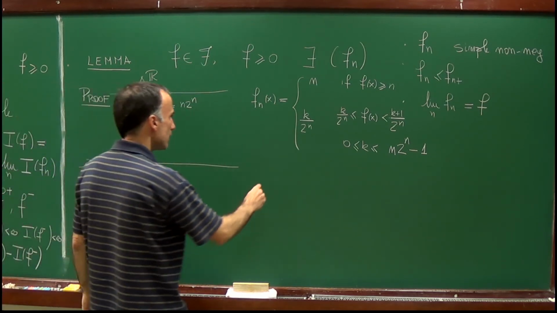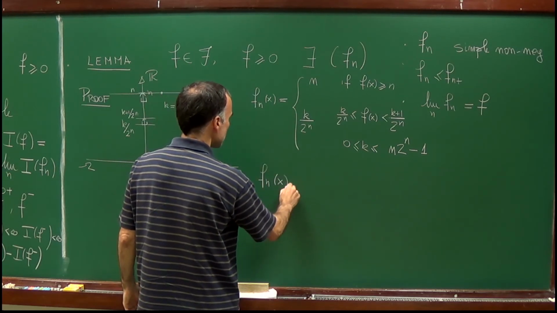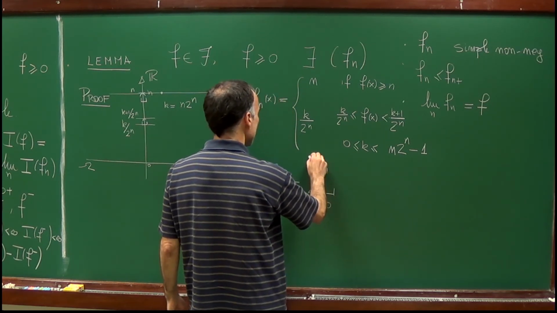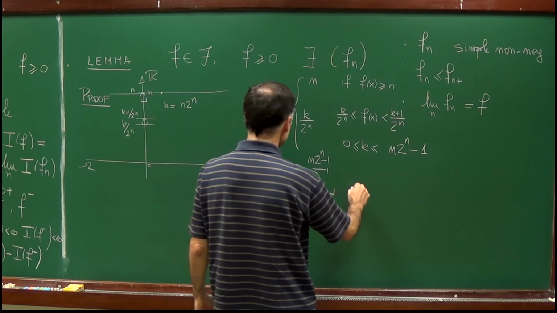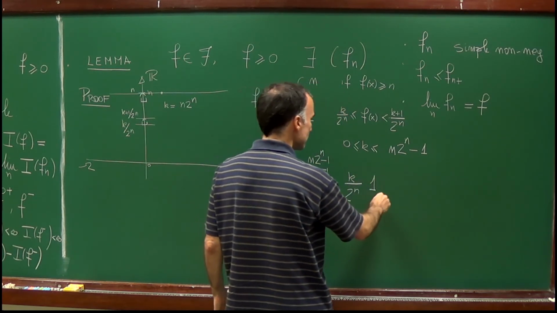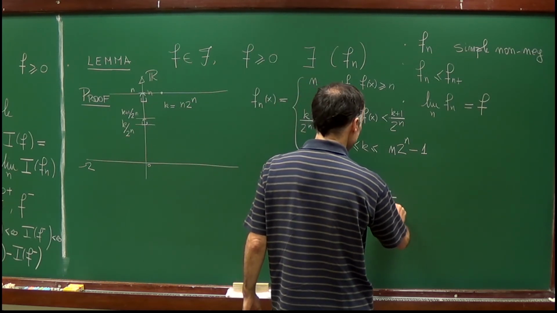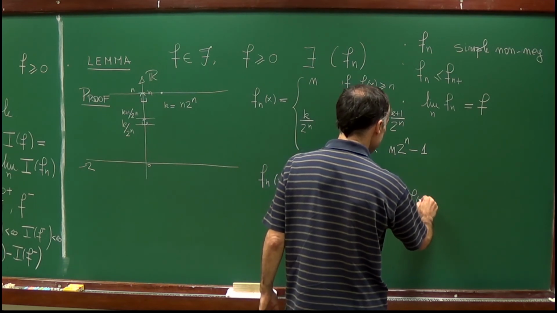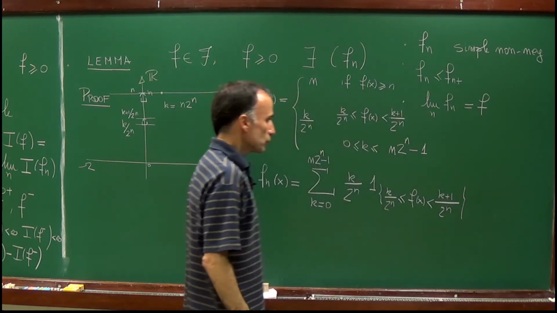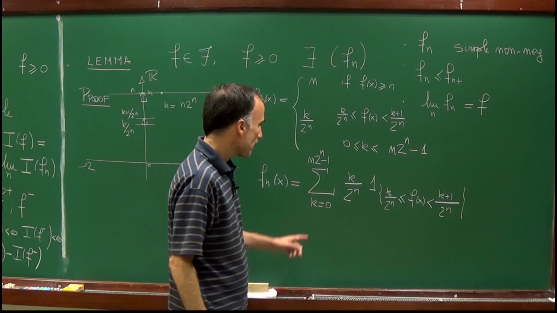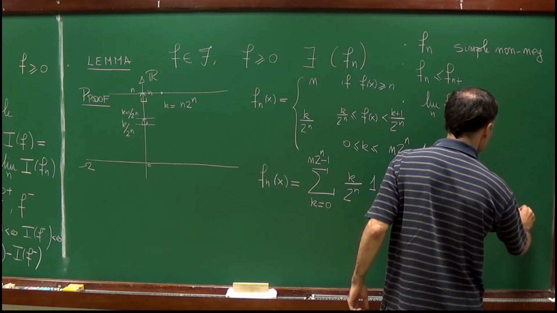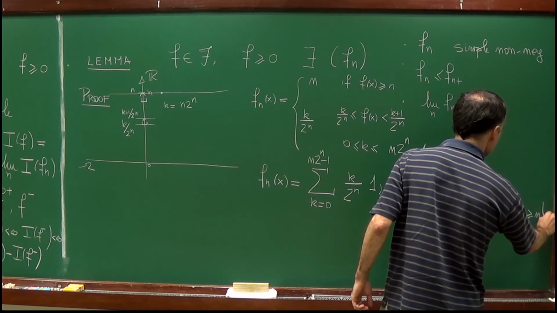So this is a way in which we can define it. Another way is to say that fn of x is equal to a sum from k equals 0 up to n times 2 to the power n minus 1 of k over 2 to the power n times the indicator function, if k divided by 2 to the power n is less than or equal to f of x, which is smaller than k plus 1 divided by 2 to the power n, and it's equal to n if f of x is greater or equal than n, right?